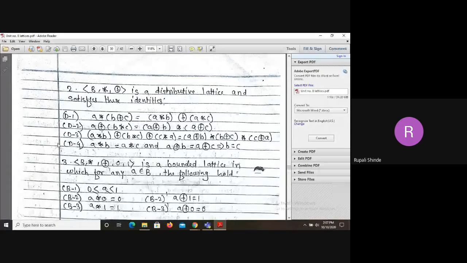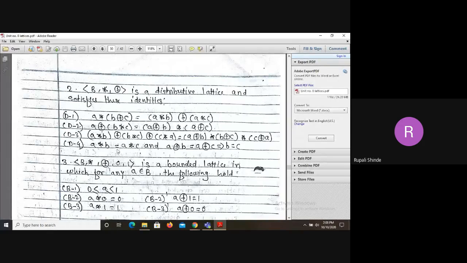And the last property is given as A star B is equal to A star C, and A XOR B is equal to A XOR C. Now look at the first equation, that is A star B is equal to A star C. So here we can say that A is common from both sides, so we can cancel it.